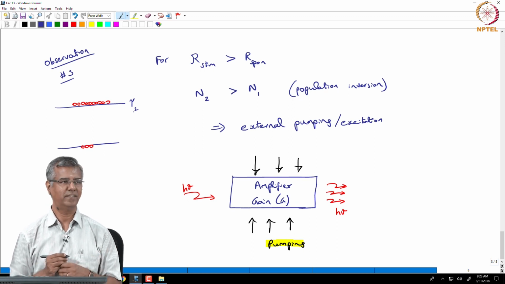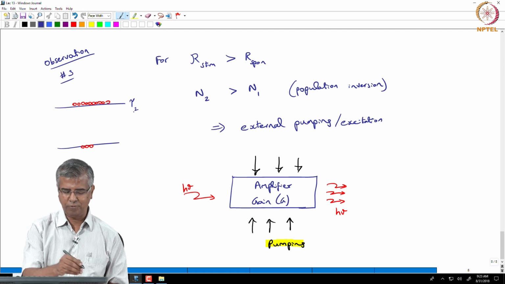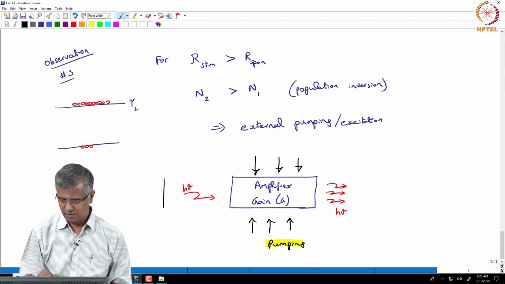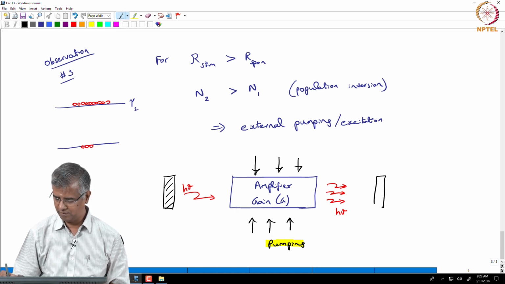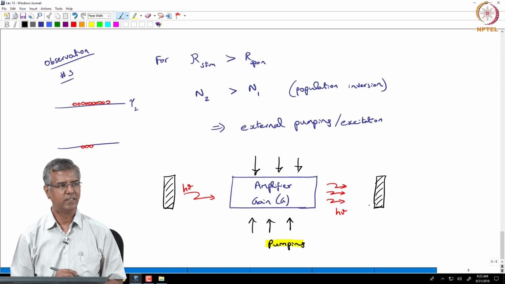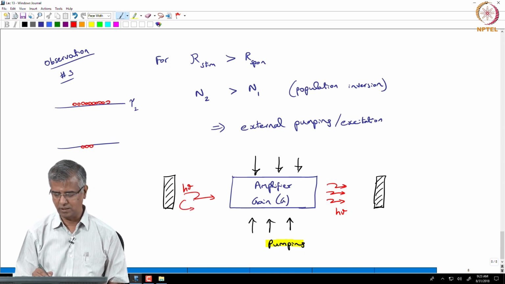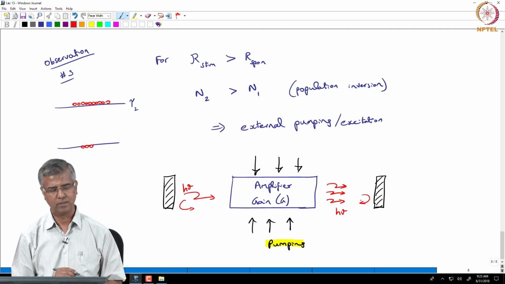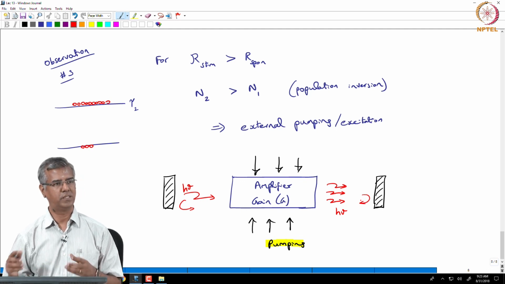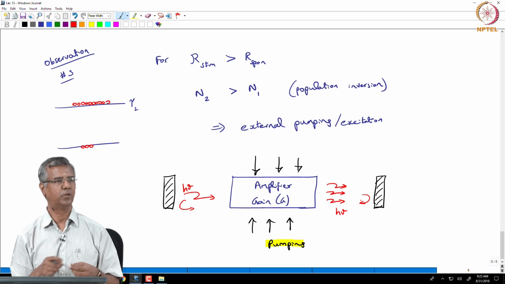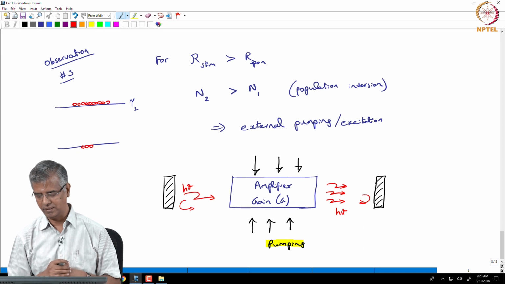Provide feedback, right? So, where do you provide feedback? In this, you put a mirror here, you put a mirror here. So, what is that feedback? It basically feeds back these photons, which enhance stimulated emission, because every time they come around, they are going to stimulate these transitions.